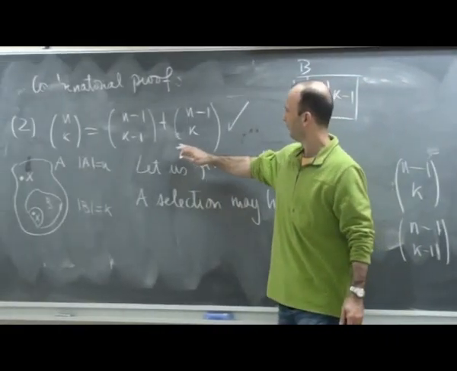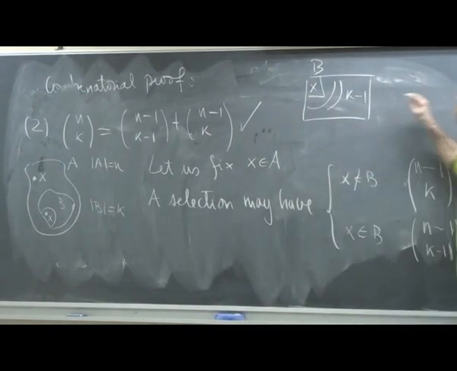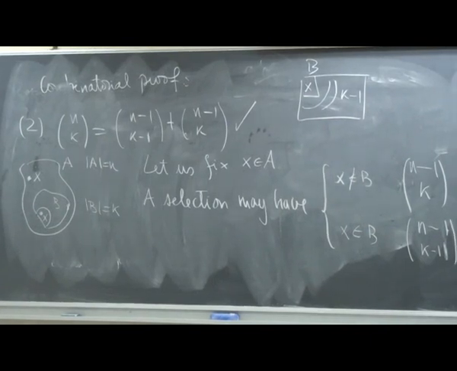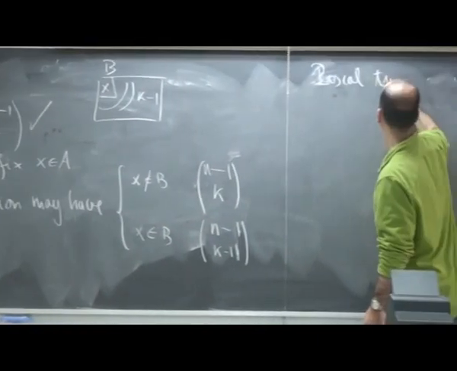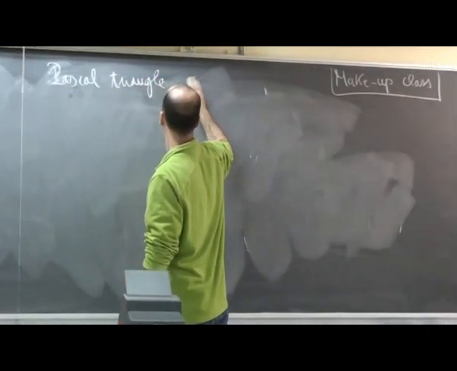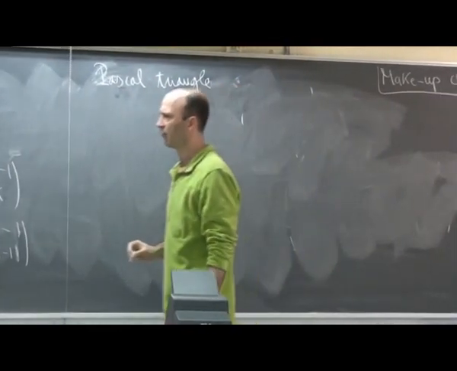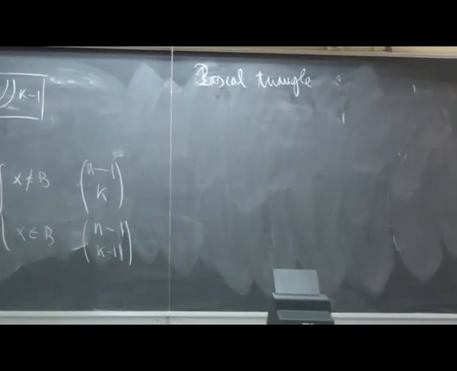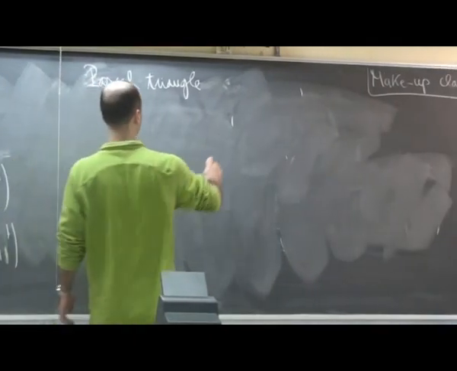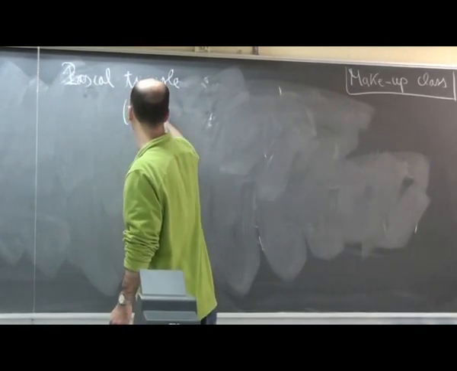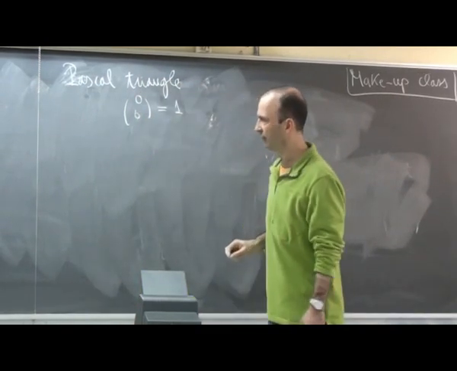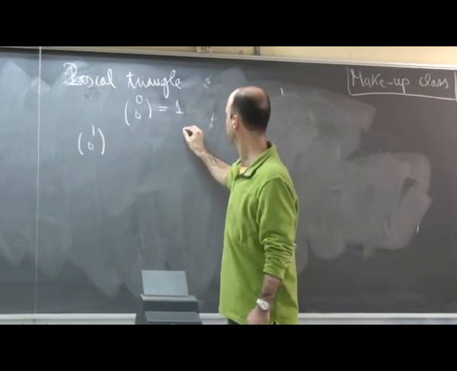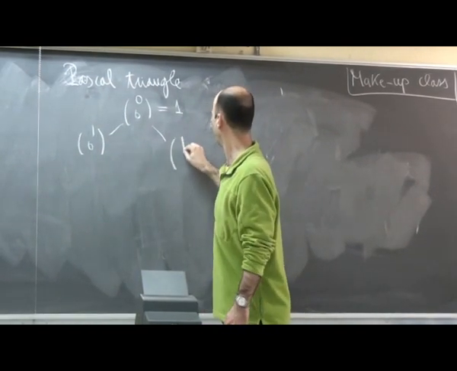This formula is very important, and I give this place to Pascal's triangle, which is a recursive way of computing the binomial coefficient. So here I have 0 choose 0. Here I have 1 choose 0 and 1 choose 1.